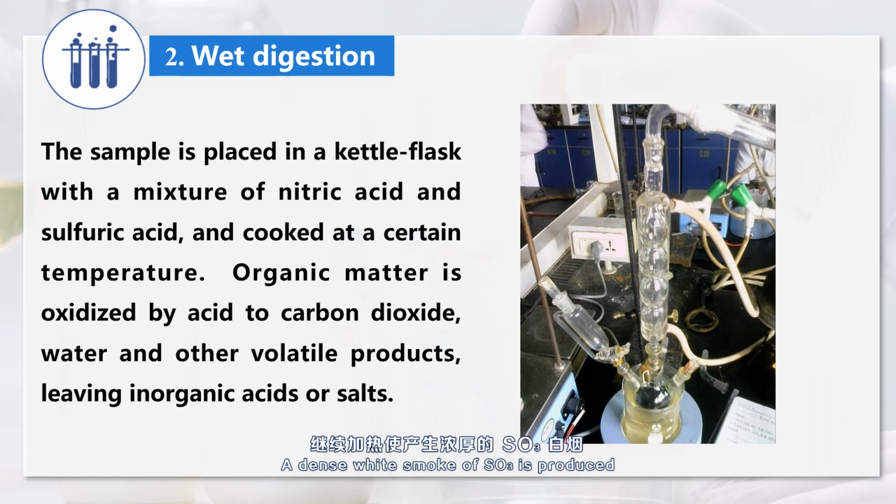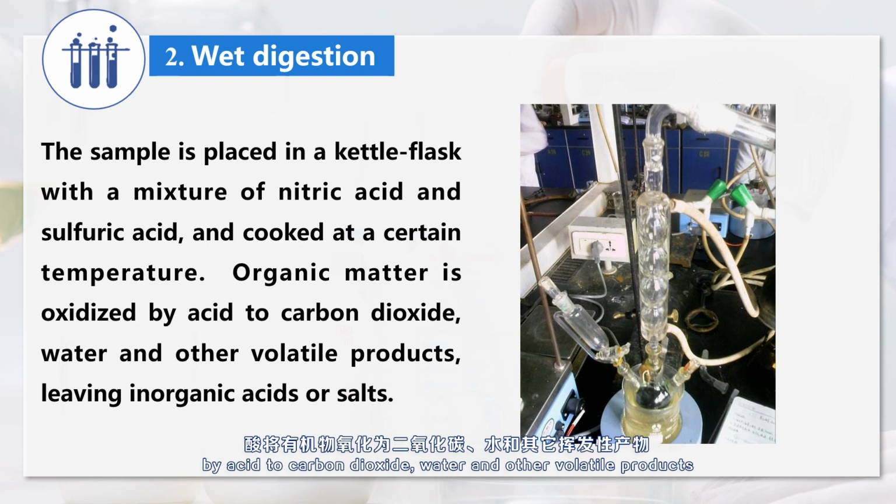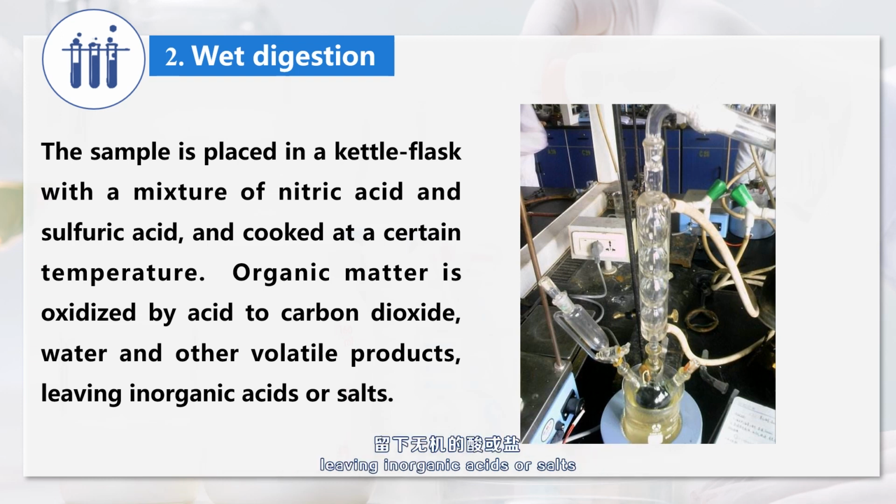A dense white sulfur trioxide is produced and refluxes in the flask until the reaction solution becomes transparent. The whole process is called digestion, during which organic matter is oxidized by acid to carbon dioxide, water, and other volatile products, leaving inorganic acids or salts.